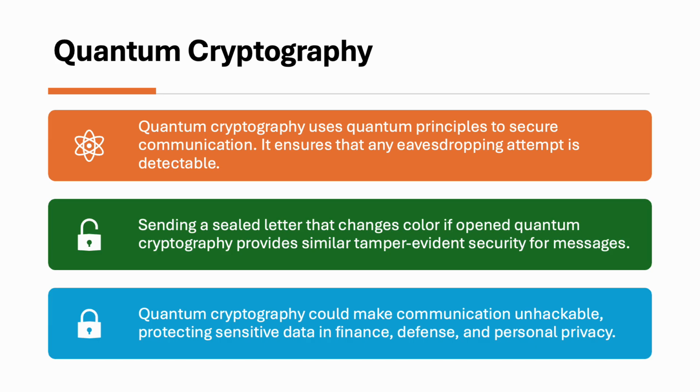Quantum cryptography provides similar tamper-evident security for messages. Quantum cryptography could make communication unhackable, protecting sensitive data in finance, defense, and personal privacy. So QKD, or quantum key distribution, is also an area of interest that you can look into to further your comprehension.